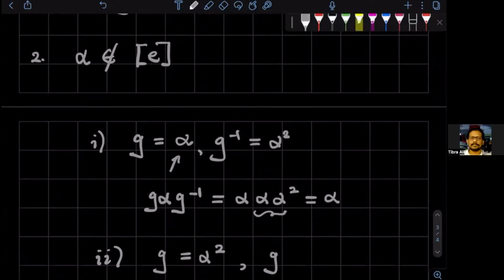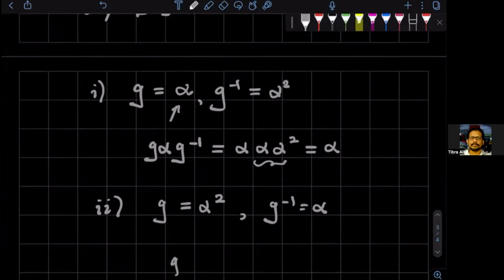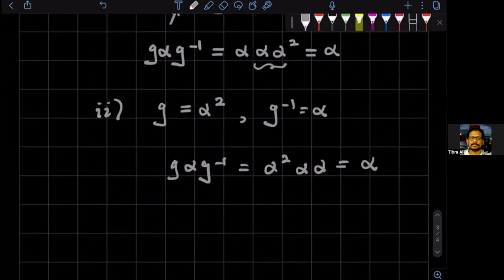So we took G equals alpha squared, and then G inverse is then alpha, right? And then G alpha G inverse is going to be alpha squared times alpha times alpha. So again, we get alpha. So none of these elements, conjugating by alpha or alpha squared, give me a new element.